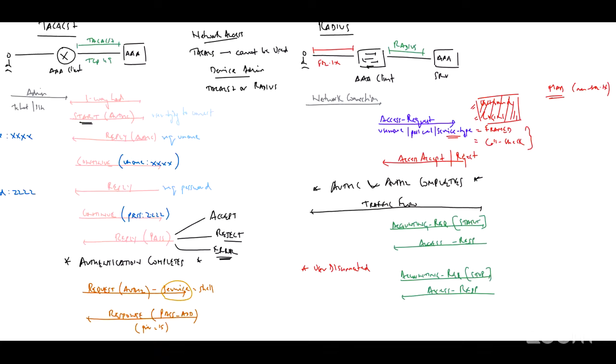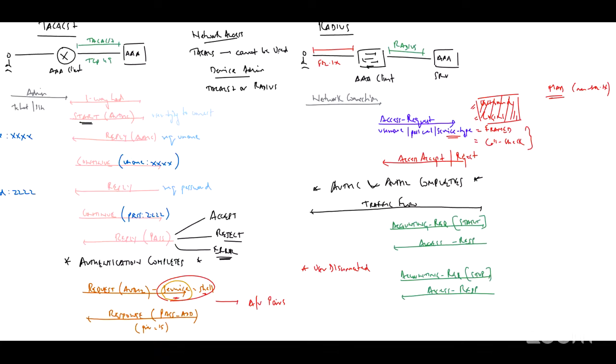That's why within RADIUS, a lot of these that you see are again an example of attribute and value. We call these AV pairs, attribute value pairs. In the RADIUS protocol, or in AAA, be it TACACS or RADIUS, RADIUS has more of these.